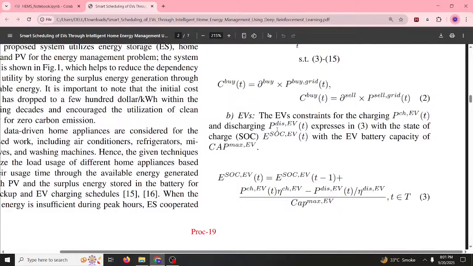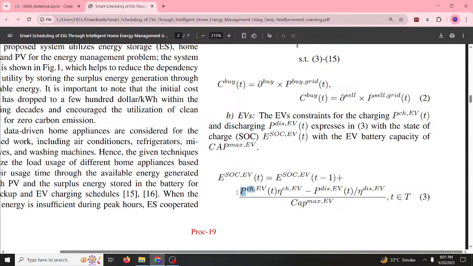Let us discuss the modeling of the EV here. EV is being charged, so we are checking the state of charge of our EV at a given time. We have our EV at some previous time t minus 1, then when it receives some energy, we add that energy to it, and that energy is the charging energy.